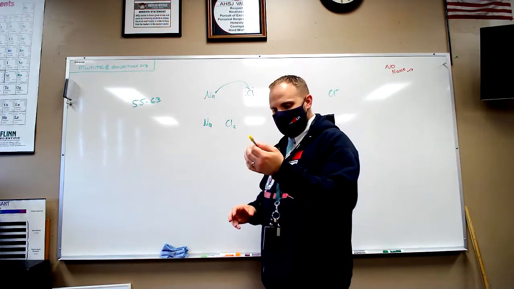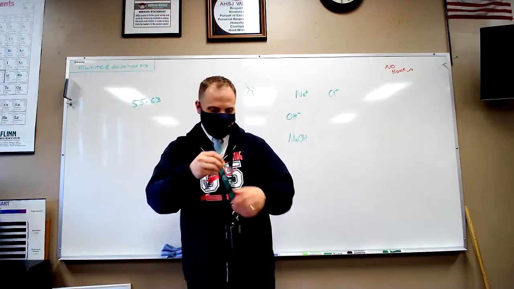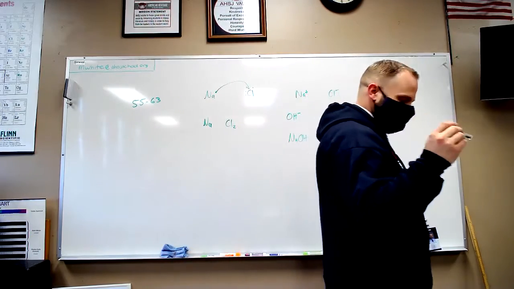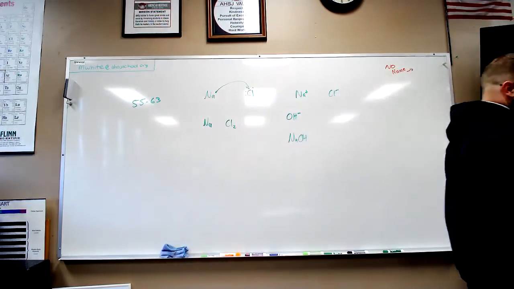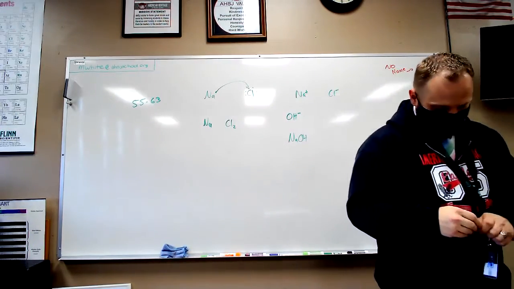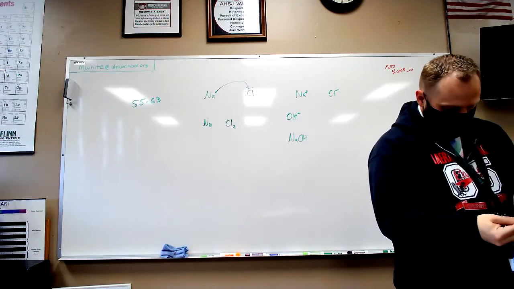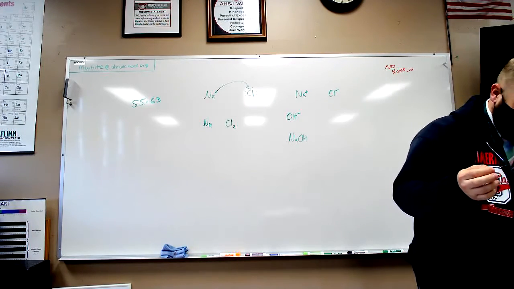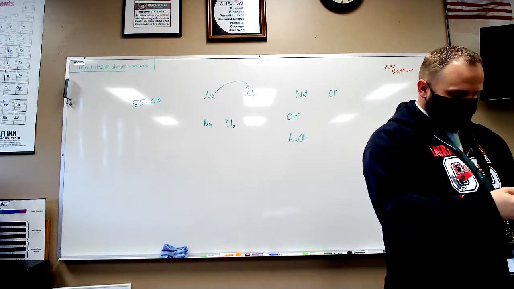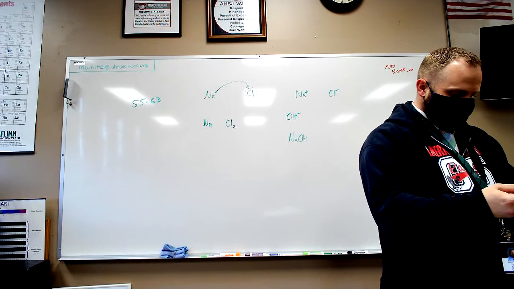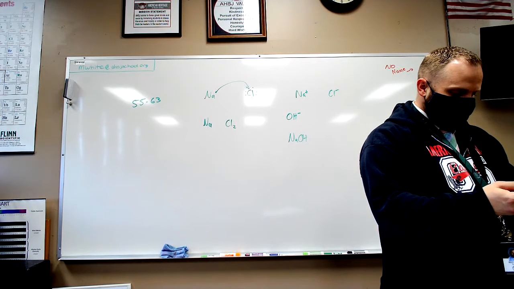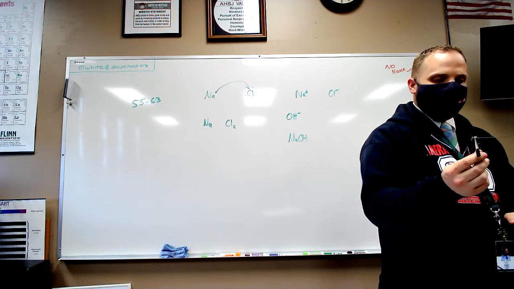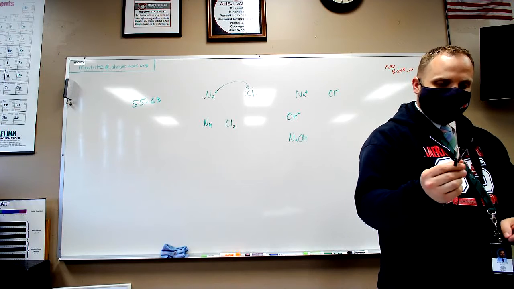We are going to use these because graphite conducts electricity. So we're going to take one of these out and carefully put it in like that, and it will conduct the electricity.